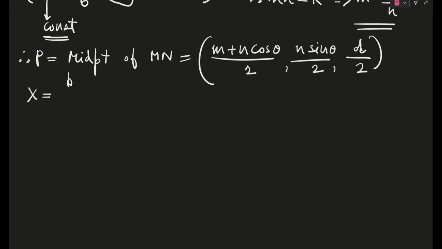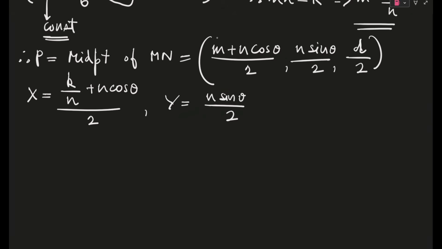So capital X is k by n plus n cos theta, all divided by 2, and capital Y is equal to n sine theta by 2. Now you can see what I have done: I have substituted in place of small m, k by n, and this will be capital K. And we got everything in terms of a single variable. That is why this thing was important.